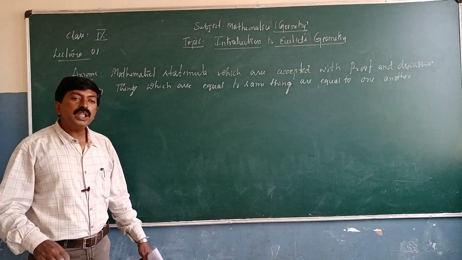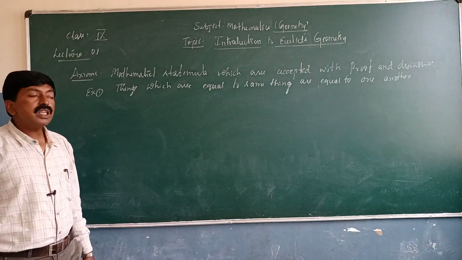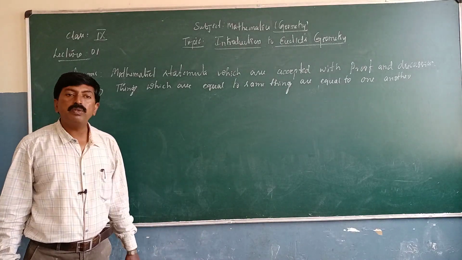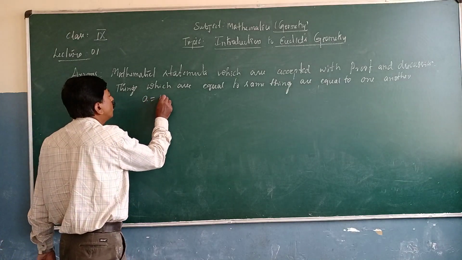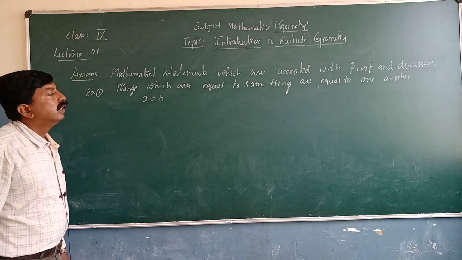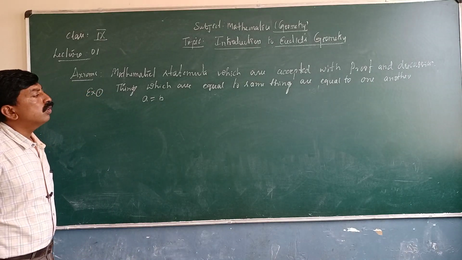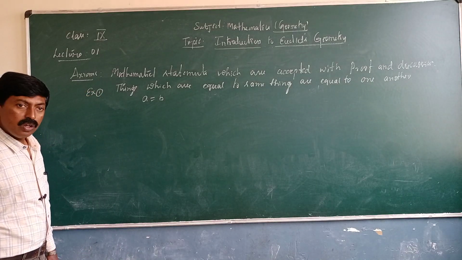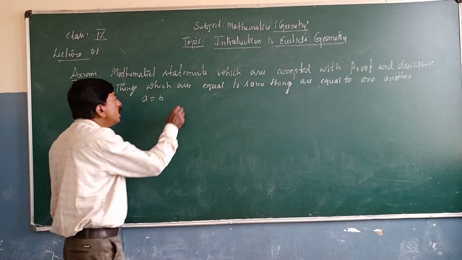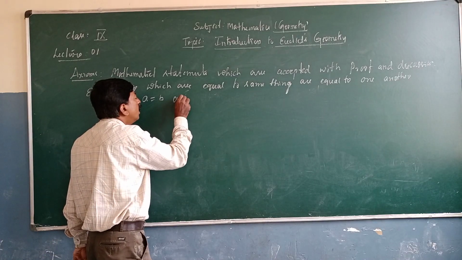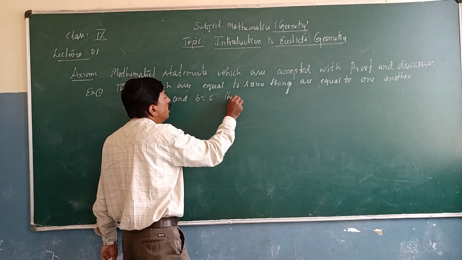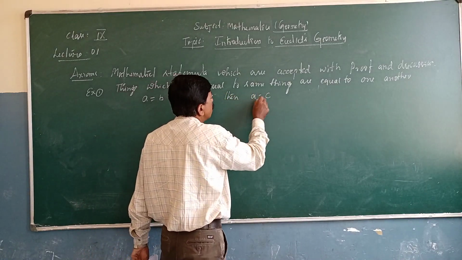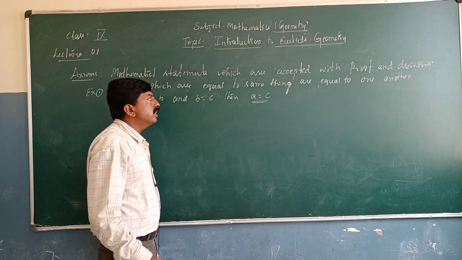It means two things that are equal to a third are always equal to one another. For example, A is equal to B, and B is equal to C. Then A is equal to C. That is the meaning of this statement.